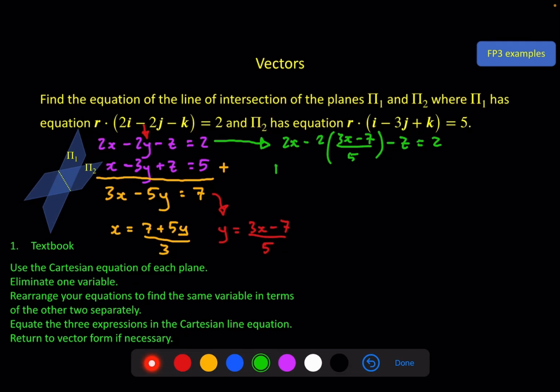So we've got 10x, expand this out, minus 6x plus 14 minus 5z equals 10. So 4x is equal to, let's put the 5z on the other side, and then minus 4. So x is equal to (5z minus 4) over 4.